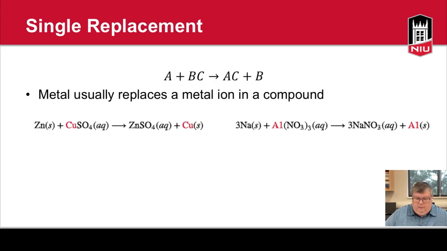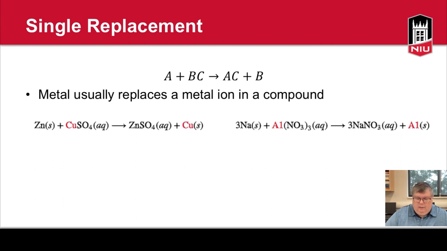Single replacement. Single replacement reactions take the format A plus BC goes to AC plus B. This is usually a metal replacing a metal ion in a compound. So for example, if I take this copper 2 sulfate solution and add zinc to it, I make zinc sulfate and copper metal.